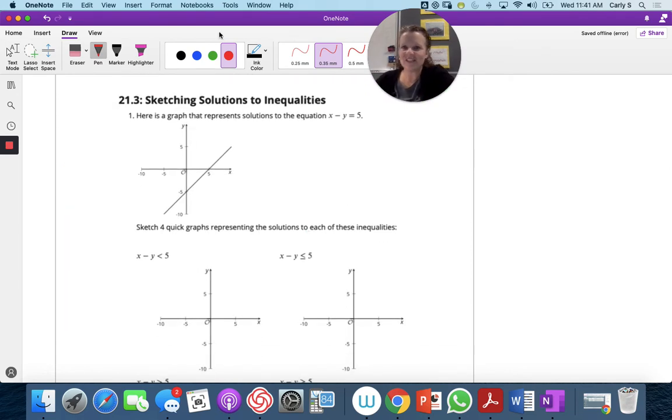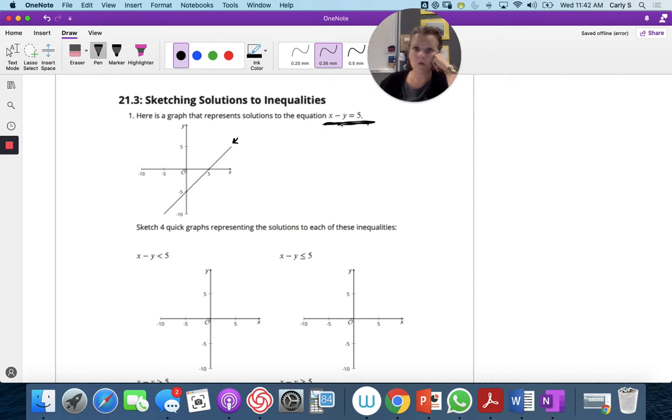Sketching solutions to inequalities. Here is a graph that represents the solutions to the equation x minus y equals 5. Now, this equation, every single ordered pair on that line is a solution to this equation.